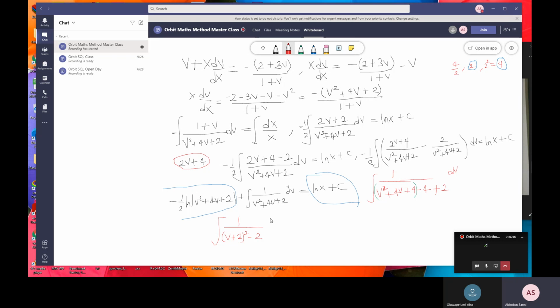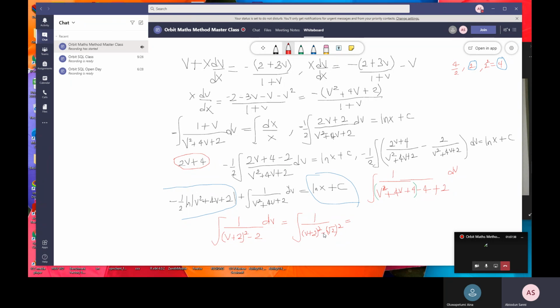So that is minus 2 dv. Yeah. So apparently I'm just going to write it in the form of v squared. So I'll say 1 all over v plus 2 squared minus root 2 all squared, because 2 is still the same as root 2 squared.